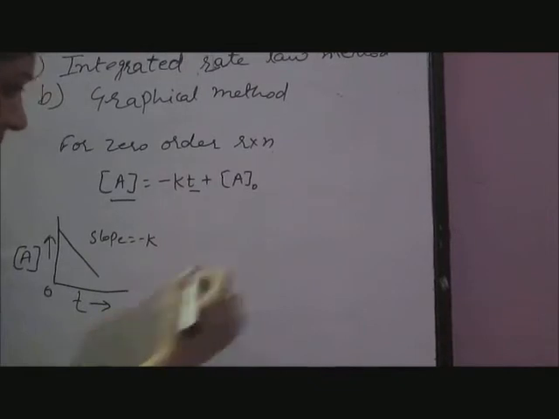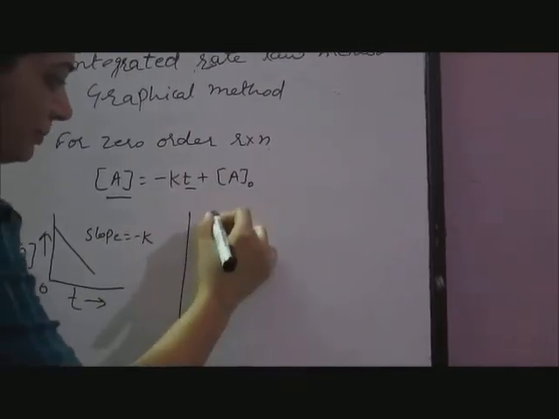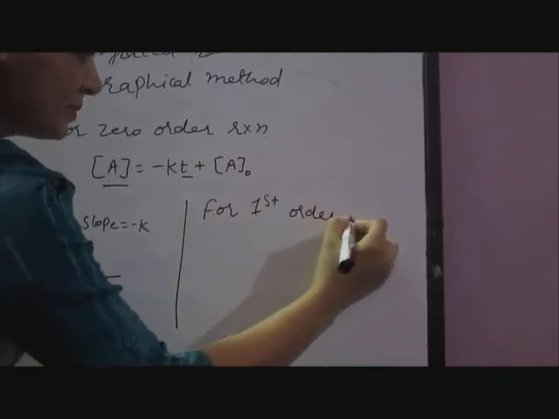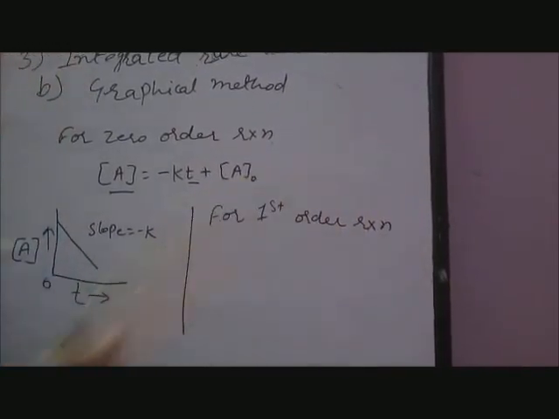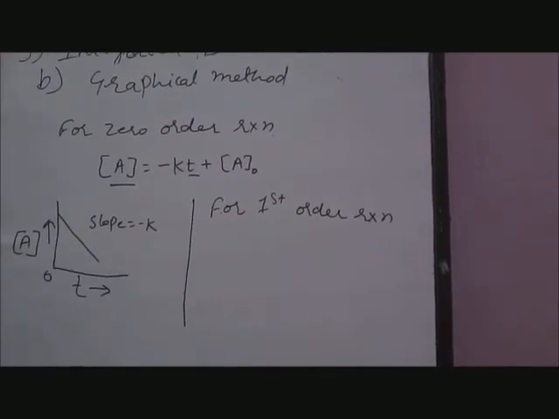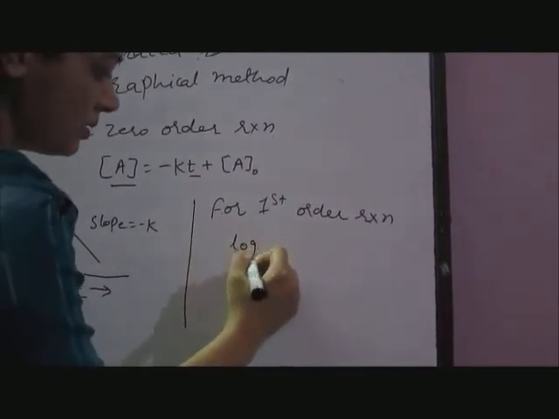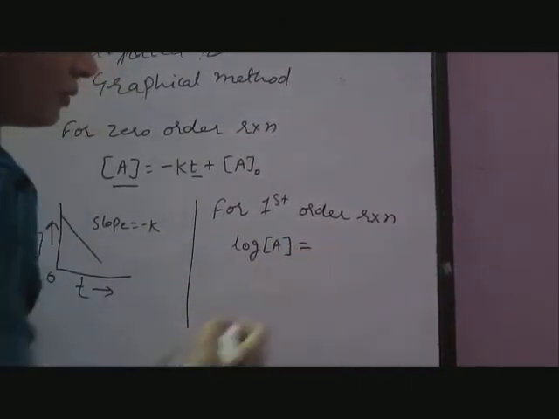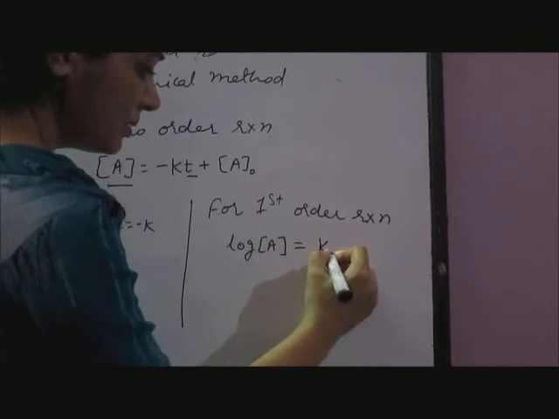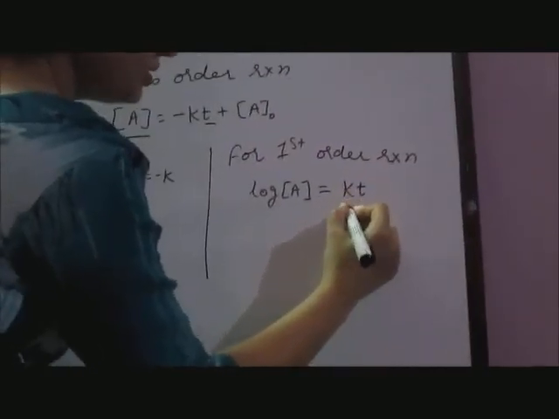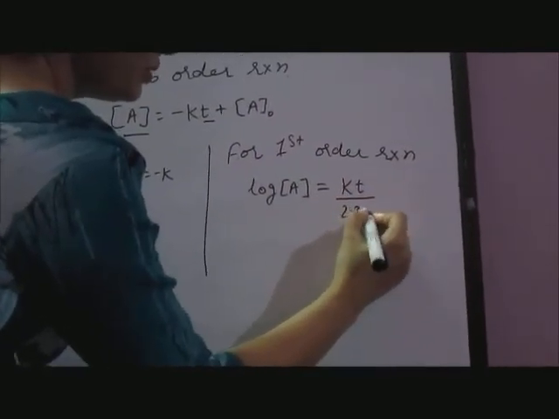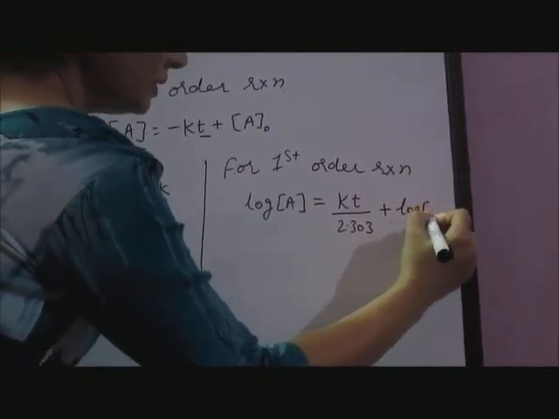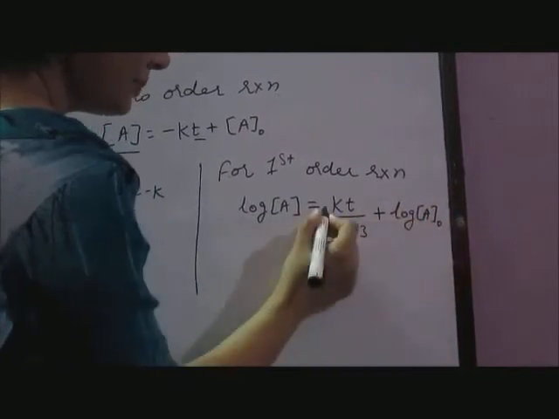And for a first order reaction, log of concentration A is equal to minus Kt upon 2.303 plus log of initial concentration.